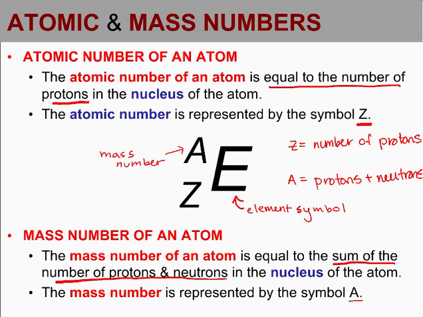And then on the bottom left, we have Z, which is the atomic number. So this is one way to represent an element or atom of an element with a particular number of protons and a particular number of neutrons.